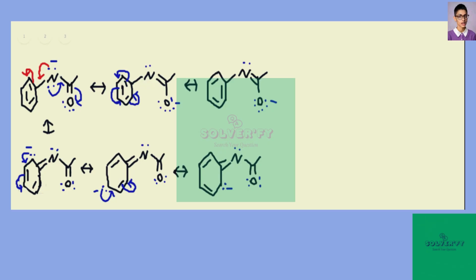Put our other lone pairs in. And so from here now, these electrons can go here. These electrons can go here. And now we've sort of gotten back to where we started, but the bonds in the aromatic ring are in different places. So if you compare where they were at the beginning to where they are now, it's different.